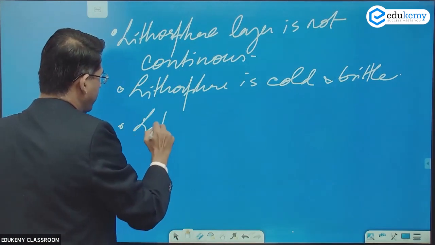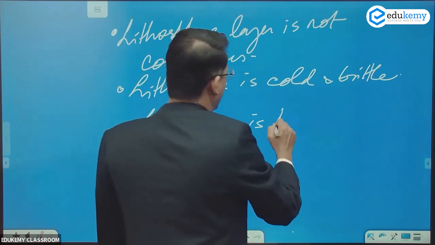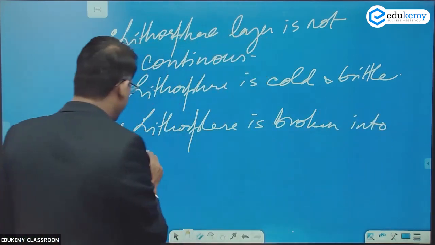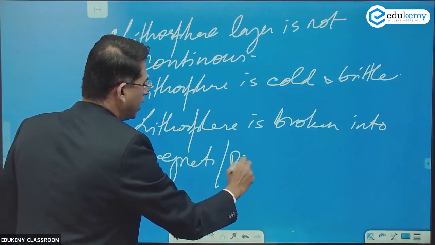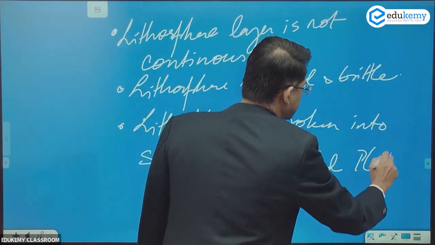The lithosphere is broken into segments, into pieces called plates.